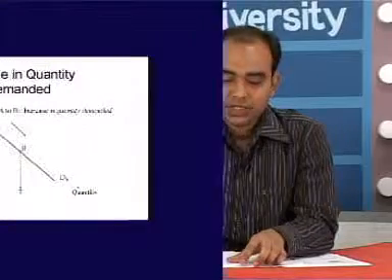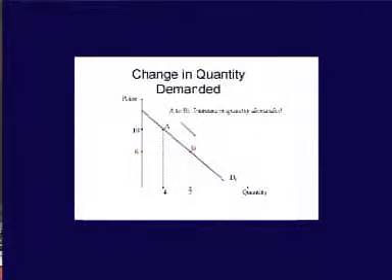For example, when the price of any product, say good X, is 10 taka, people demand 4 units of that product. On the other hand, if the price falls from 10 to 6 taka, consumers will demand more than before, which is 7 units now.